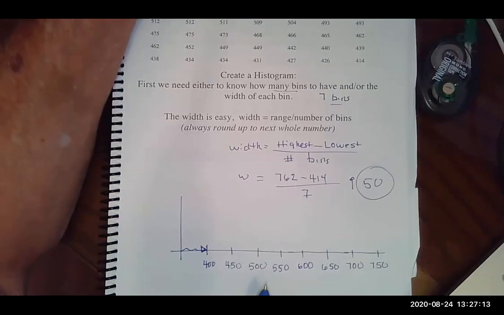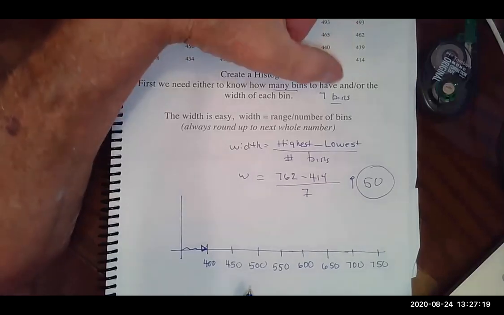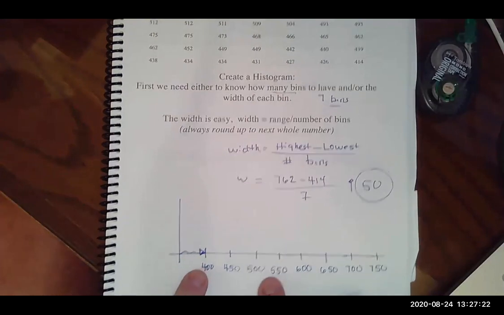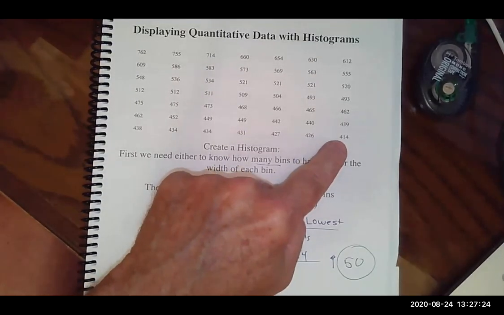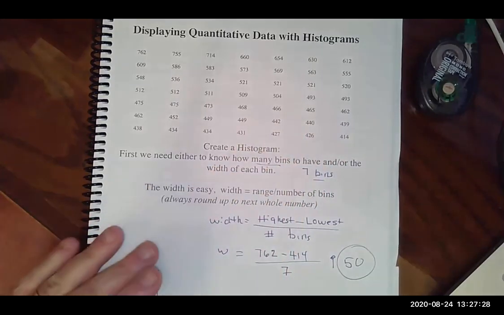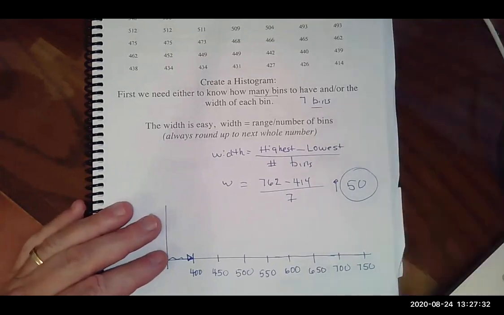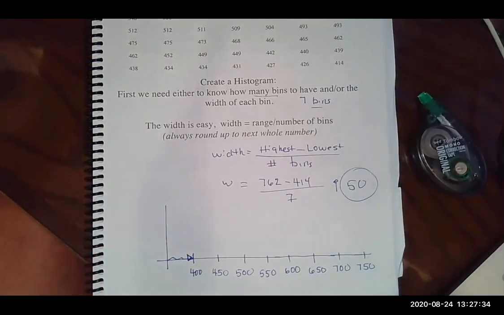So here's a hint, because it'll always work, or 99.9% of the time it'll work. Don't start at 400. Start at the lowest each time. Why not start at the lowest? So I'm going to do this over again, on a separate piece of paper.